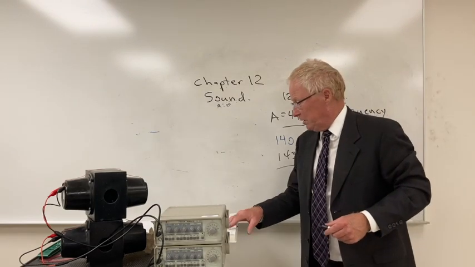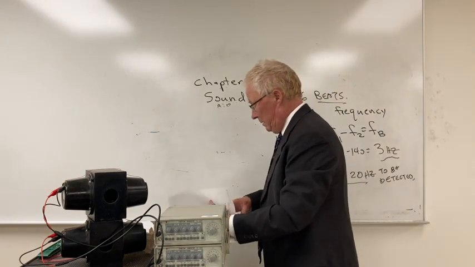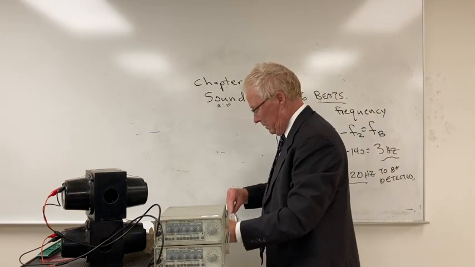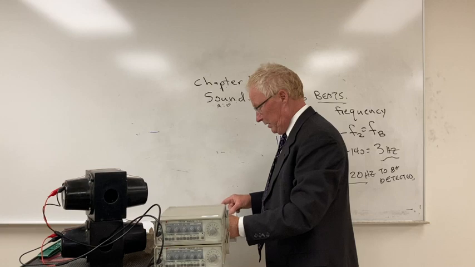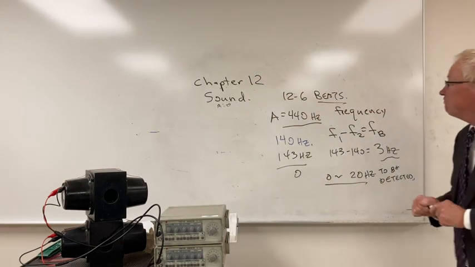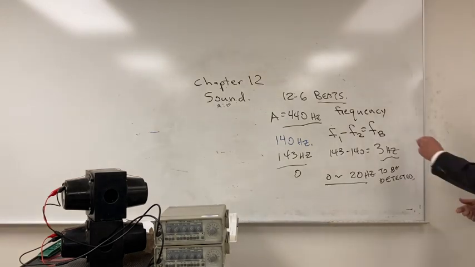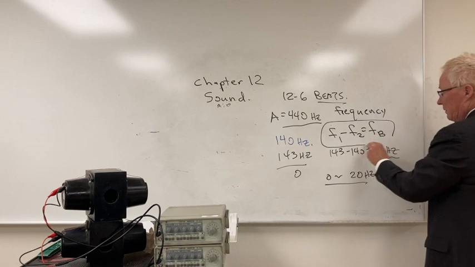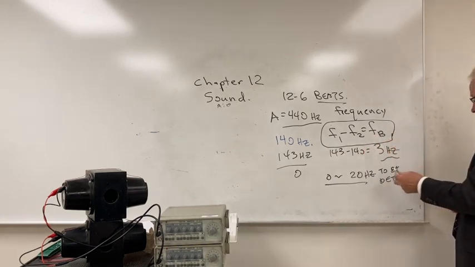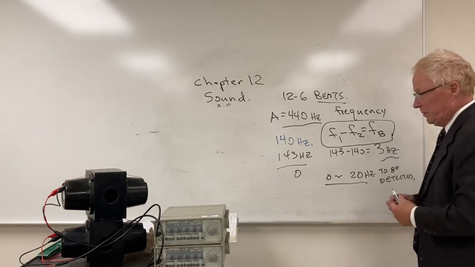So that's section 12.6. Then the last section I'm going to cover is the Doppler effect. So this is the beat frequency, right? And it has to be within about 20 hertz maximum difference for that to be heard.